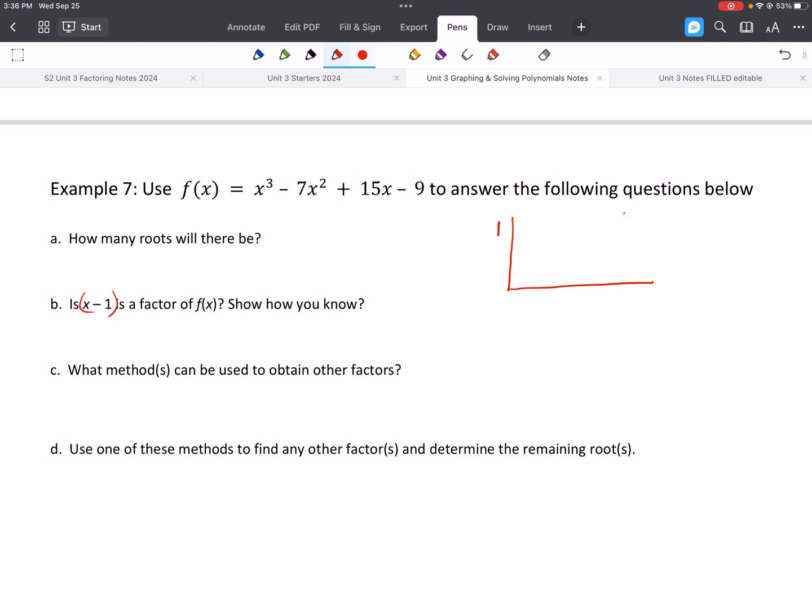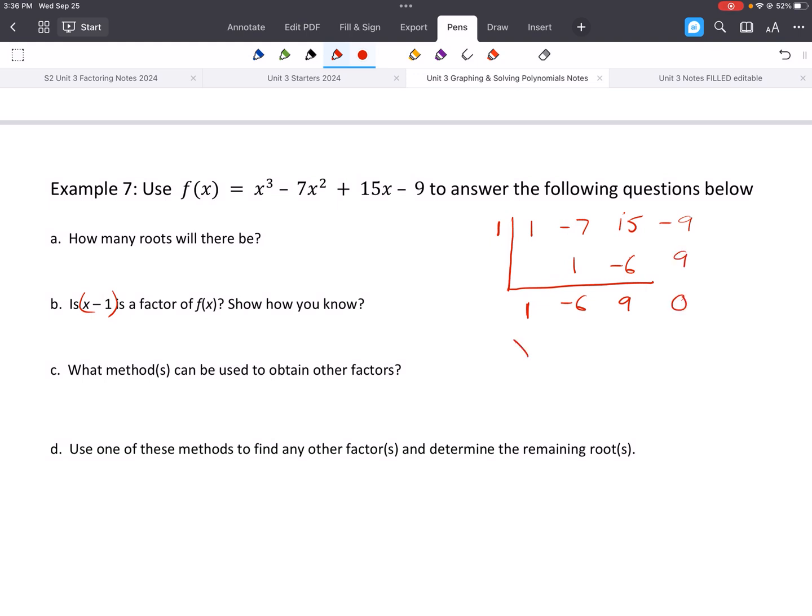So we would say that the 0 is 1, and we'd get 1, -7, 15, and -9. Would bring it down, would multiply, add, multiply, add, multiply, and we'd get a 0.